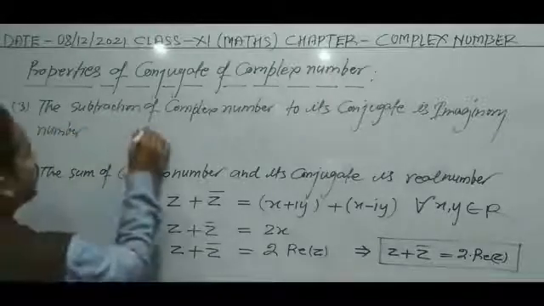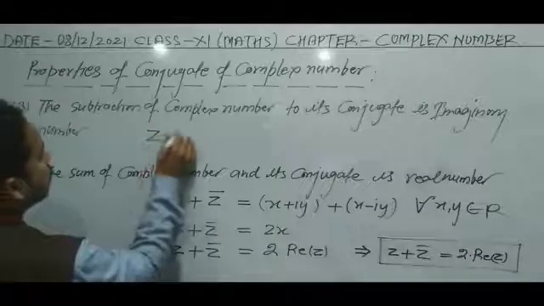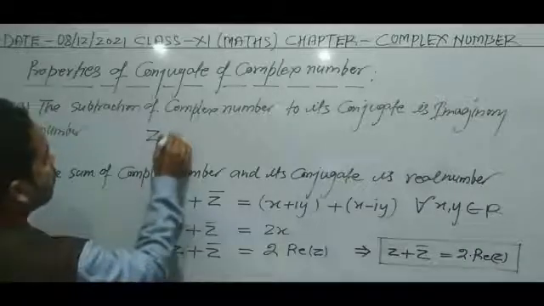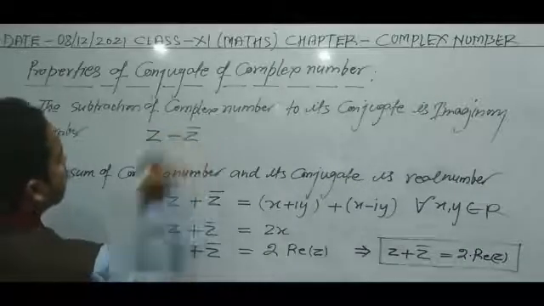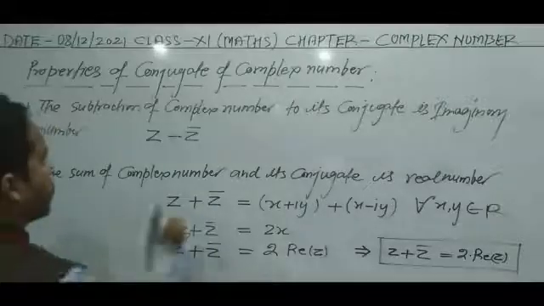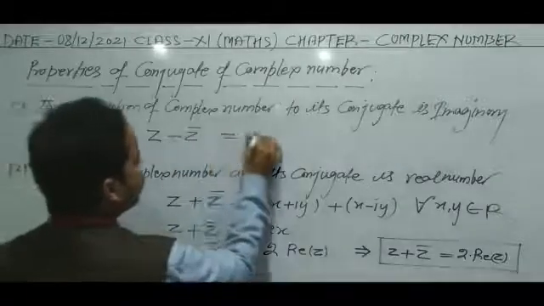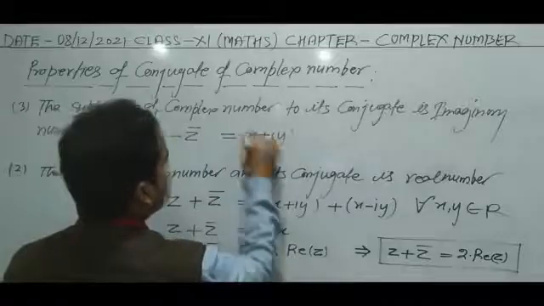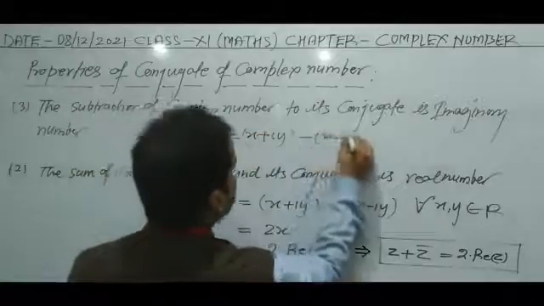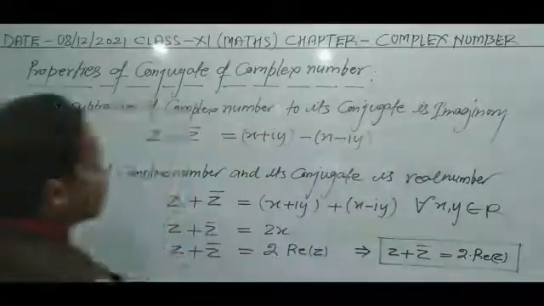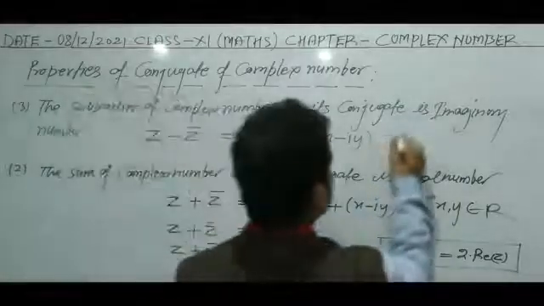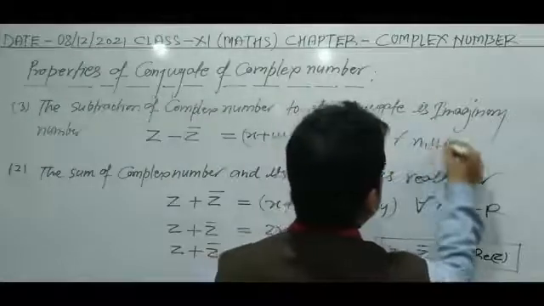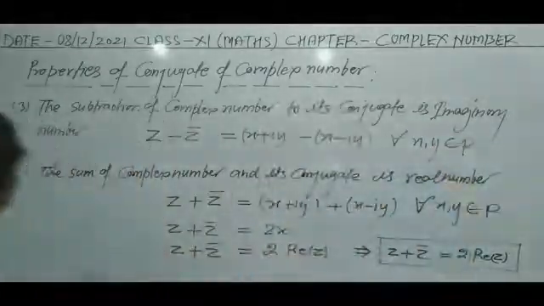And now we can write this is the complex number and this is its conjugate. So x plus iy minus x minus iy for all x, y belongs to real.